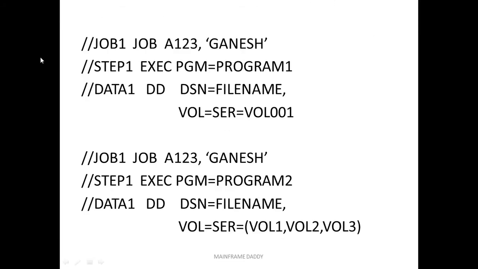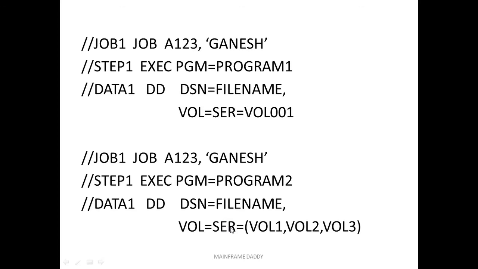Here are other examples of using the SER subparameter in volume. The file DSN equal to file name can be accessed from volume VOL001. If our file will span multiple volumes, we can code like this.